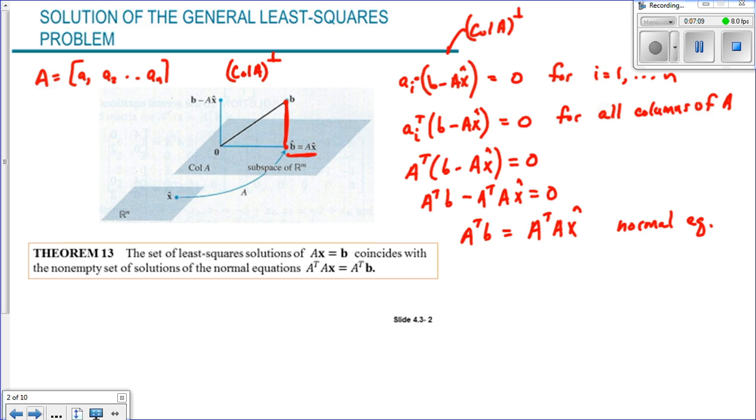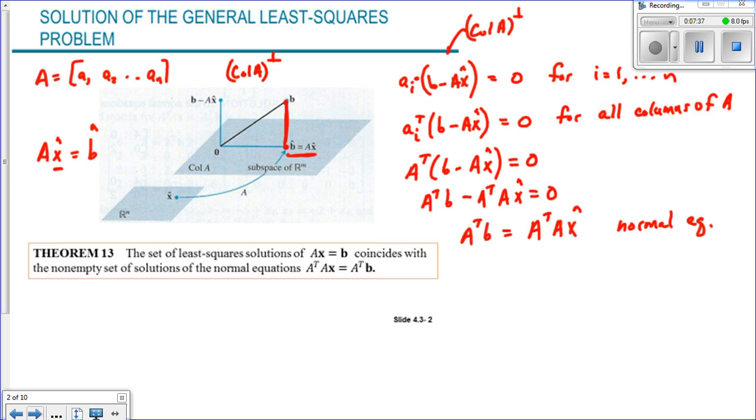Normal meaning orthogonal. So the set of all least square solutions, we're looking for the solution x hat, which are equal to that b hat. So that's going to be that least square solution. It corresponds to the x that would have that product A x hat equal to the b hat.